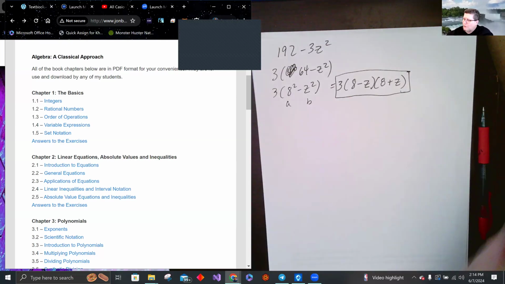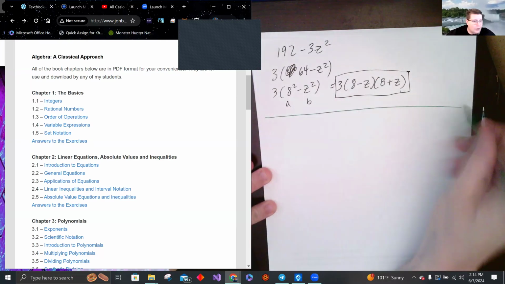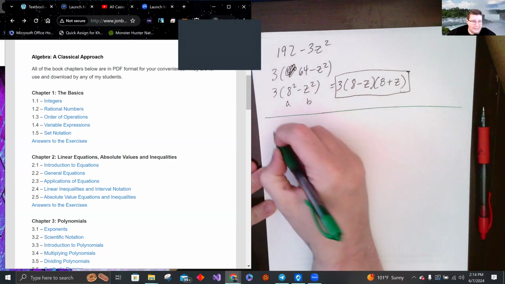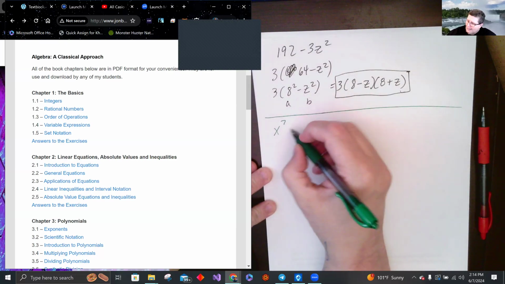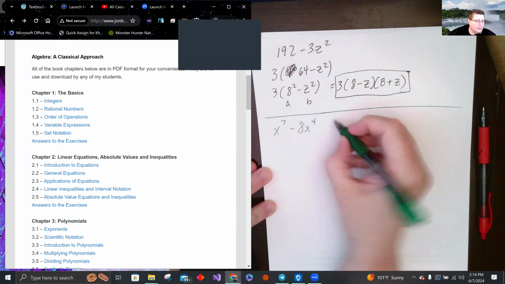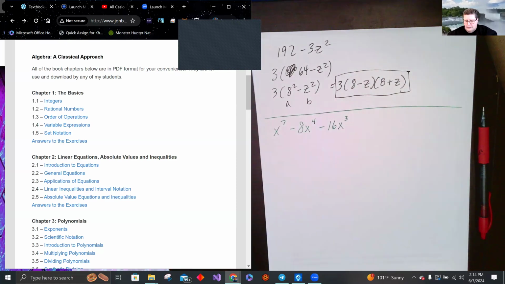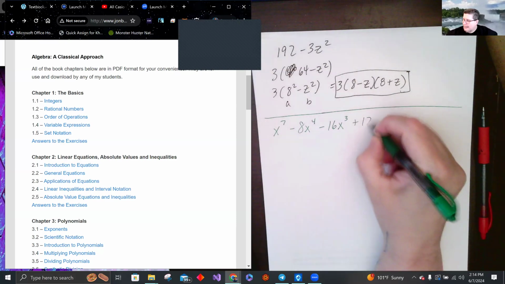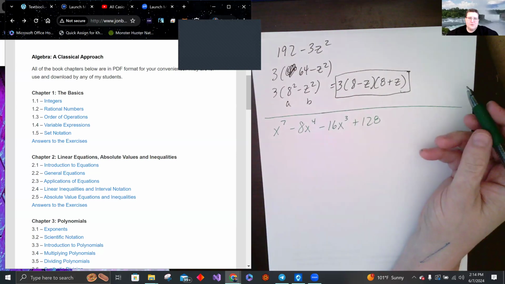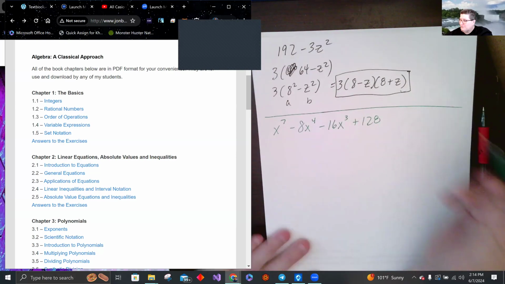I am going to do one more. This is the way I really wanted the problem in the first place. X to the 7th minus 8x to the 4th minus 16x cubed plus 128. This is what I tried to do 2 problems ago.